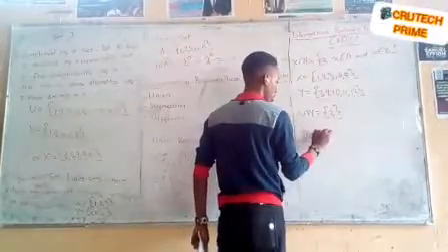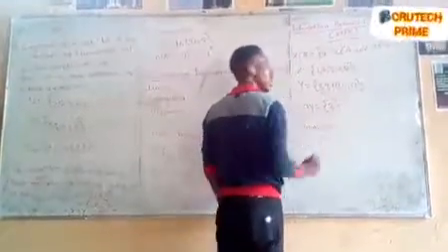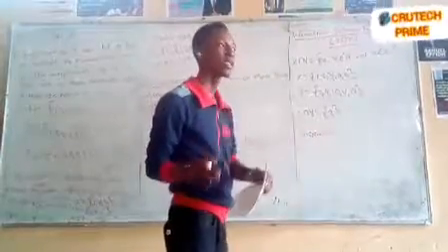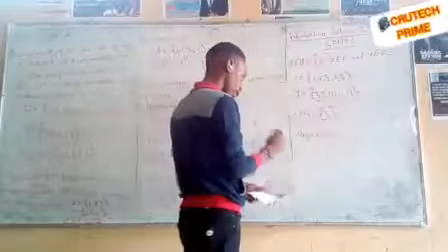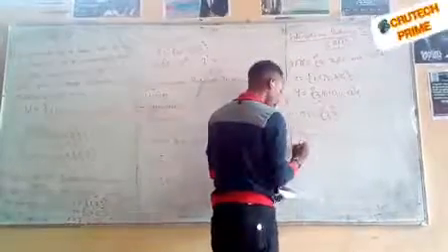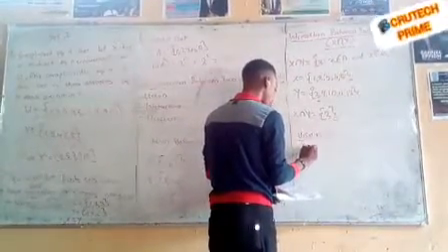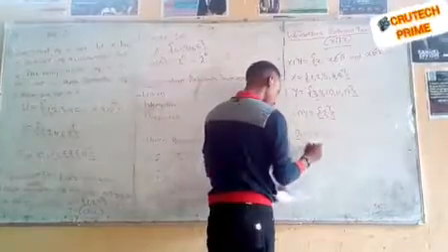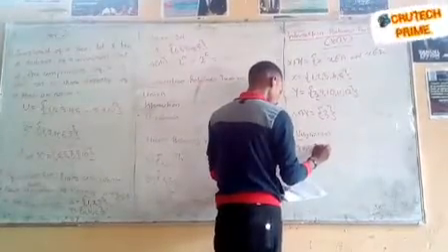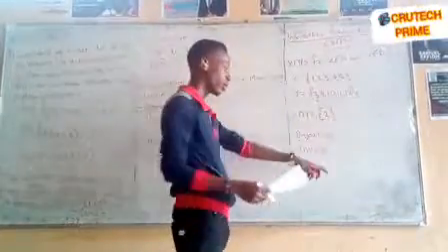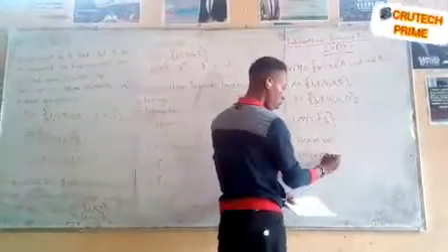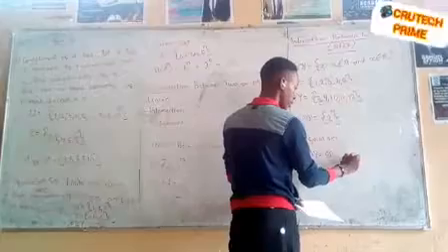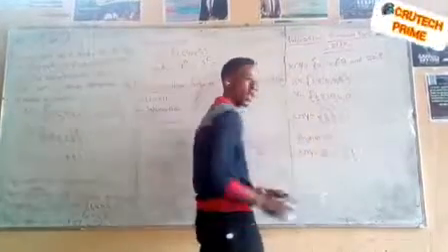A disjoint set is an empty set, null set, or void set. That is X intersection Y equals to, this is phi, an empty set, or you just put the brackets and leave it like that. So it represents an empty set.